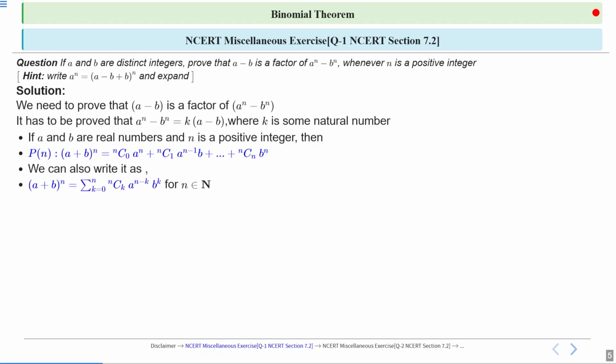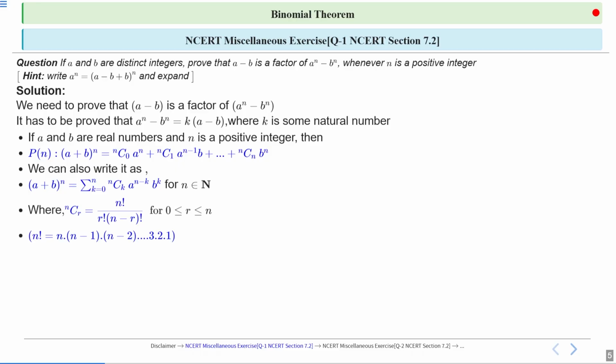We can also express the expansion using summation notation: (a plus b) whole to the power n is the sum from k equal to 0 to n of n choose k a to the power n minus k times b to the power k, for n a natural number.